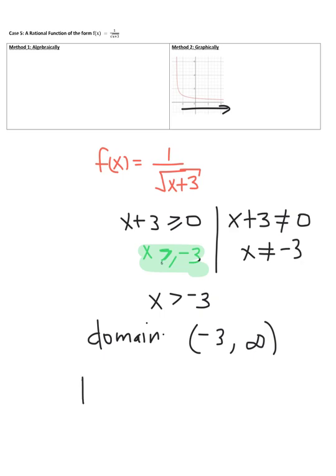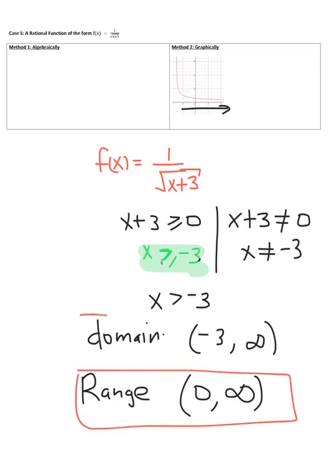And the range, let's talk about the range. You can see the range cannot be 0, so it goes from 0, not included, to infinity. So here, those are the answers. That's how to find the domain and range of functions.